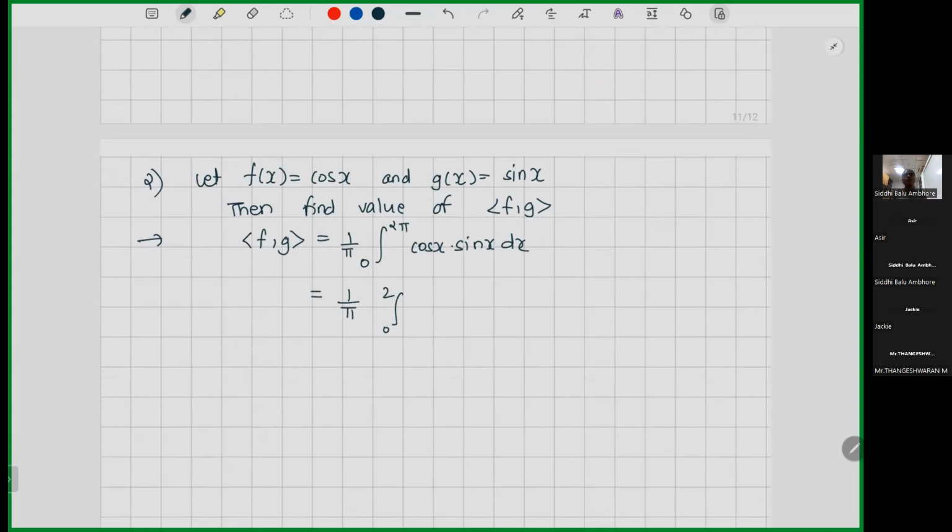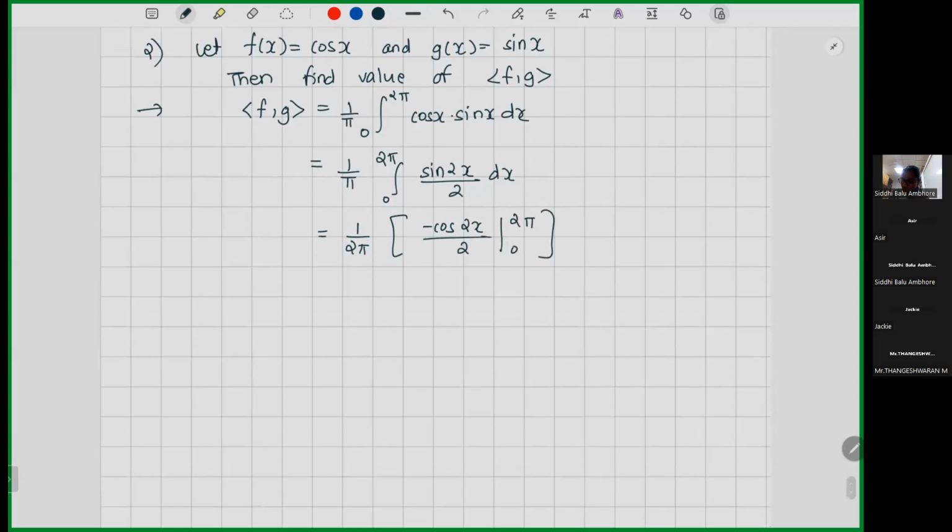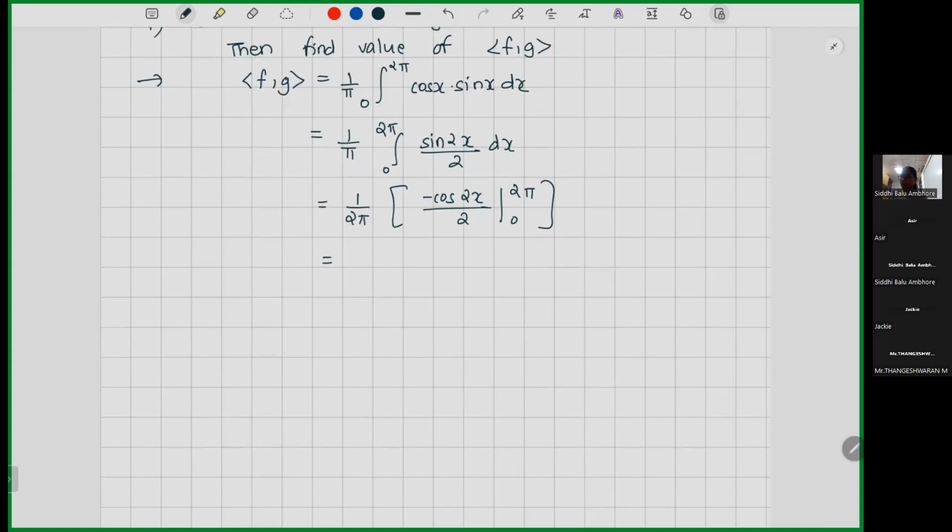Now, 2 sin x cos x is sin 2x, so this will be sin 2x by 2 dx, and this becomes 1 by 2 pi, integral of sin 2x, which is minus cos 2x by 2, from 0 to 2 pi. And this is minus 1 by 4 pi times cos 4 pi minus cos 0.